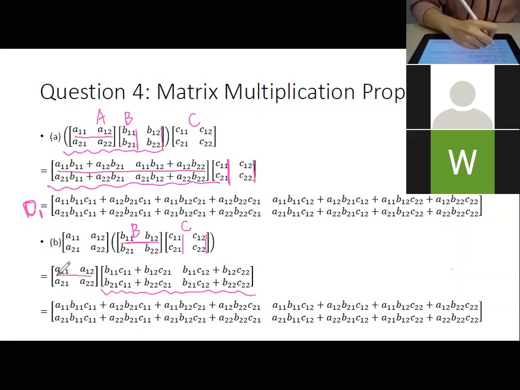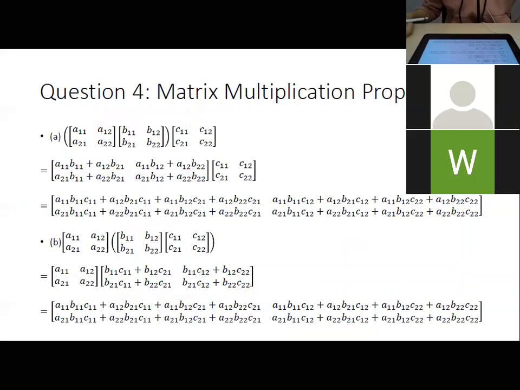Again, it's the first row times the first column, first row times the second column. So we can get the huge matrix here, and we denote it as D2. And now we can observe that D1 and D2 are actually the same. So by doing the calculation, we already verify that the key point we mentioned on the last page is correct.